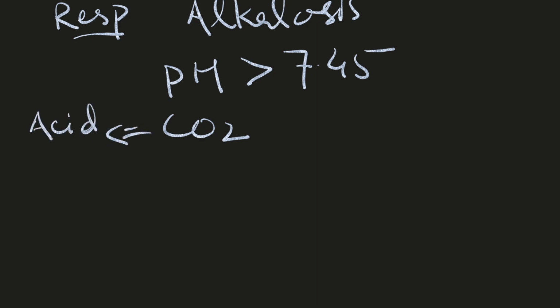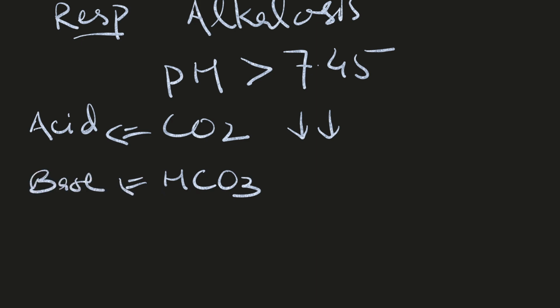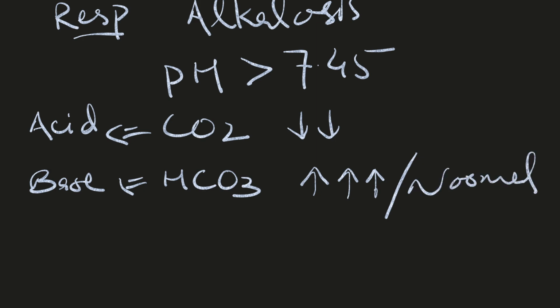What will happen to the CO2 levels in the blood? They drop down. As a result, the body wants to achieve the equilibrium through the base. What will happen to the bicarbonate levels? They will start getting higher and higher, or it could remain normal as well.